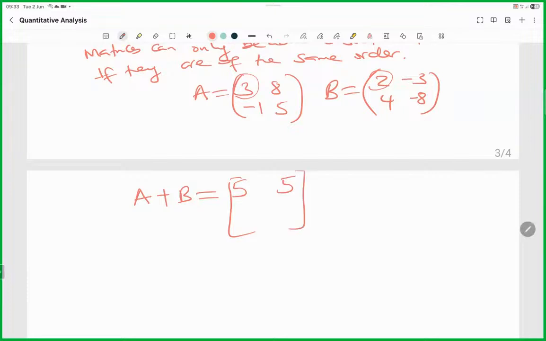Then we have here minus 1 plus 4, same position, this and this. So minus 1 plus 4 gives me what here? 3. Lastly, we have 5 and minus 8, same position, minus 3.